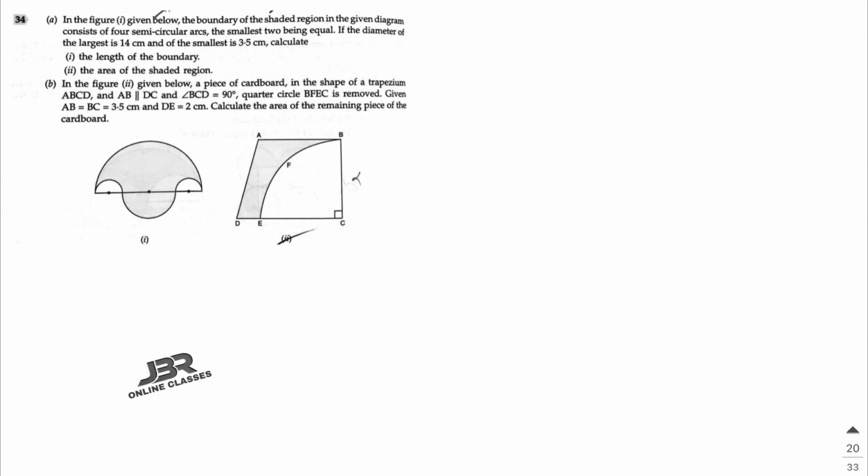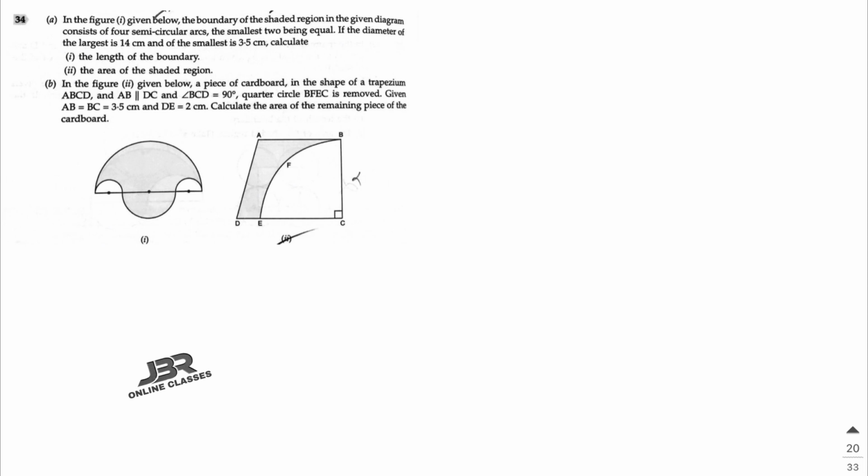In the figure given below, the boundary of the shaded region consists of 4 semicircular arcs, the smallest two being equal. If the diameter of the largest one is 14 centimeter, that means radius equals 7 centimeter, and the smallest is 3.5 centimeter, calculate the length of the boundary and the area of the shaded region.